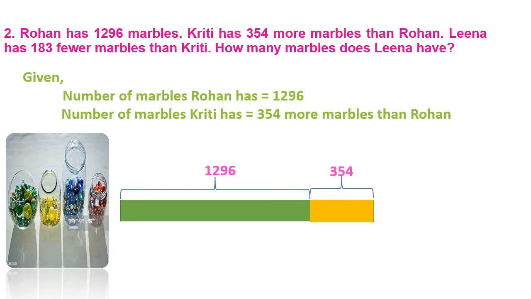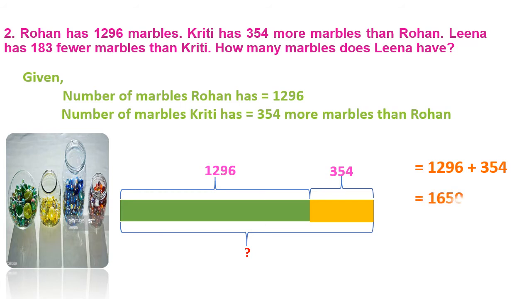Now in order to find out the total number of marbles Kriti has with her, we have to add these two numbers, and then we'll find the number of marbles Kriti has. So by adding 1,296 with 354, we are getting 1,650. Now the second part of the question is saying Leena has 183 fewer marbles than Kriti.